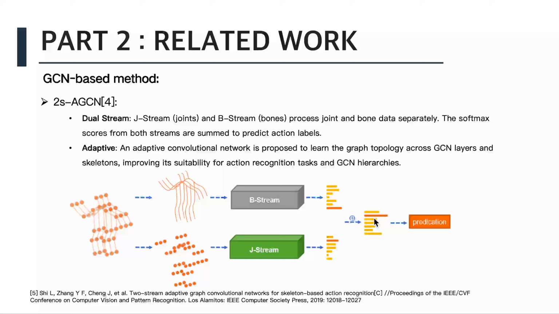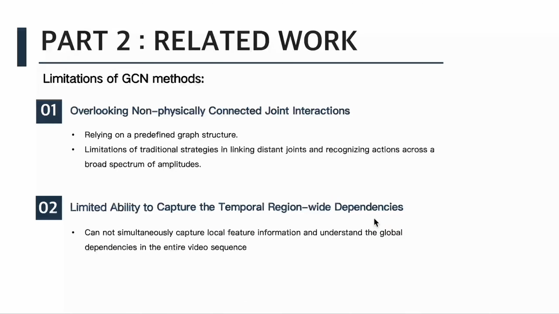A two-stream network was introduced, and an adaptive graph convolutional network was proposed, which can be better adapted to the action recognition task and the hierarchical structure of GCNs. However, there are still some limitations.